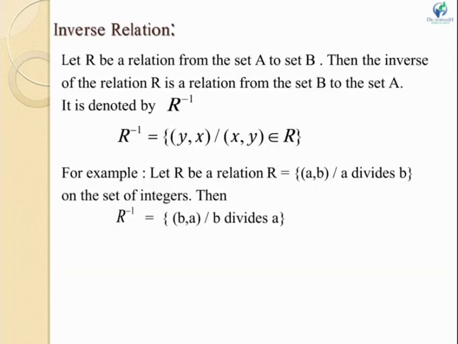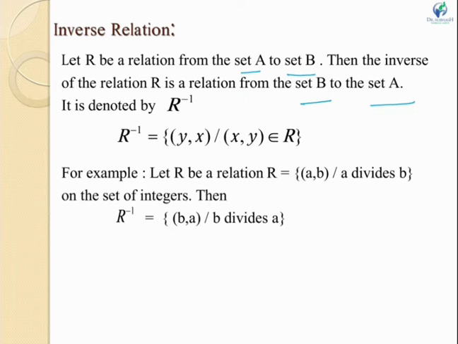Now next is inverse relation. Let R be a relation from the set A to set B. Then the inverse of the relation R is the relation from set B to set A. It is the reverse direction, okay?